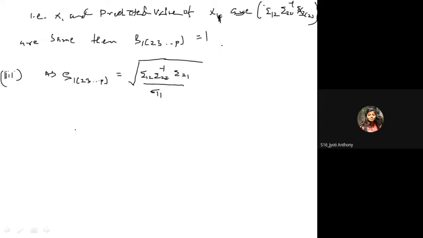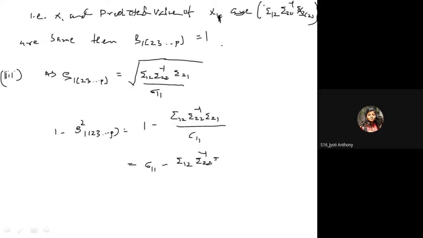Then 1 minus rho square 1 2 3 up to p is nothing but 1 minus sigma 1 2 sigma 2 2 inverse sigma 2 1 upon sigma 1 1. So you can write it as sigma 1 1 minus sigma 1 2 sigma 2 2 inverse sigma 2 1 upon sigma 1 1.